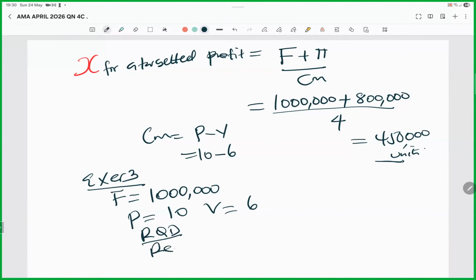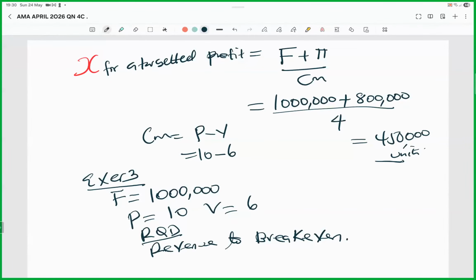They don't want X. They want revenue to break even. Can you kindly assist Mwalimu here? How do we get this revenue to break even?